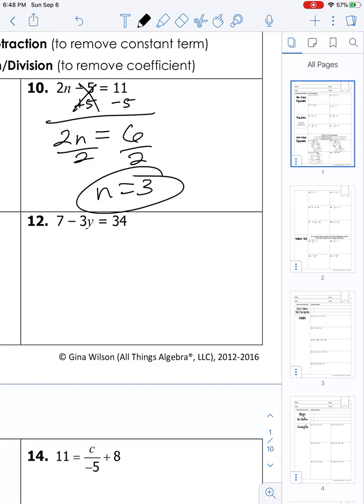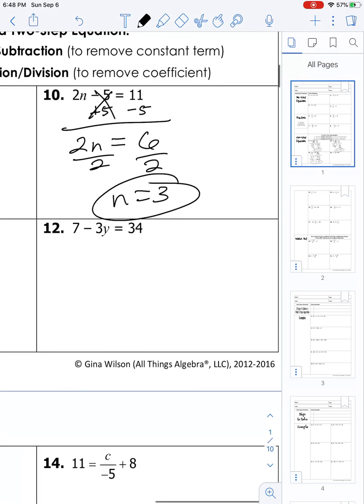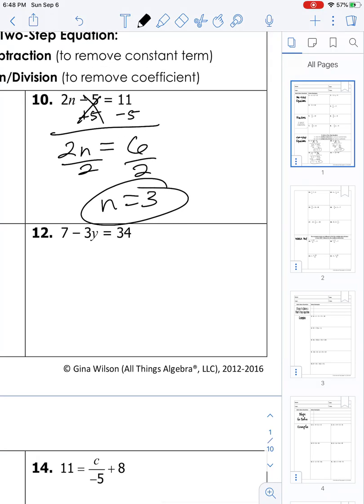Number 12. Because this is kind of switched around, don't let it really fool you. You've got 7 minus 3y equals 34. You still need to get rid of the number that is not attached to the letter, meaning we still need to get rid of this 7 first. Now, there's not a sign in front of it.